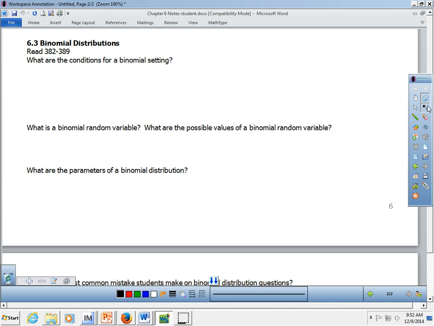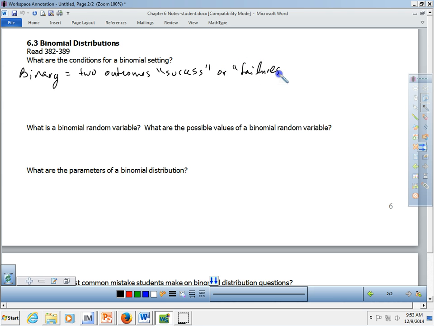What a binomial setting is, okay, is a situation where your outcomes are binary, right? And what binary means is two outcomes, bi meaning 2, right? So we're looking for 2 outcomes. And we'll call those successes or failures.